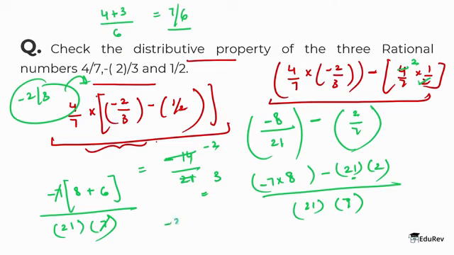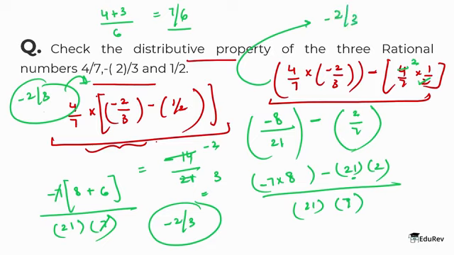So my answer is again negative of 2 by 3. For this equation as well, my answer is negative of 2 by 3, and for the first equation we already found that my answer was negative of 2 by 3. Hence, I can say that for both, my left hand side and my right hand side are equal. Therefore, the distributive property holds true in this case. I hope you have understood this. So let's move on to the next question.